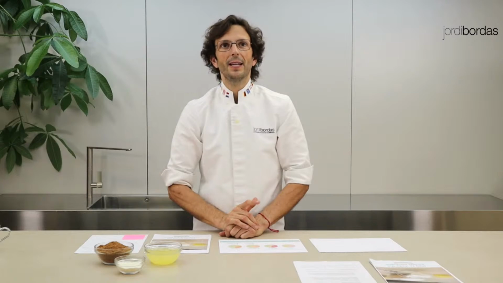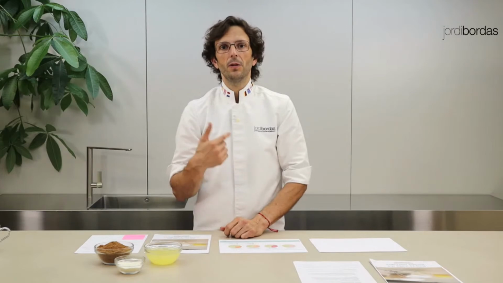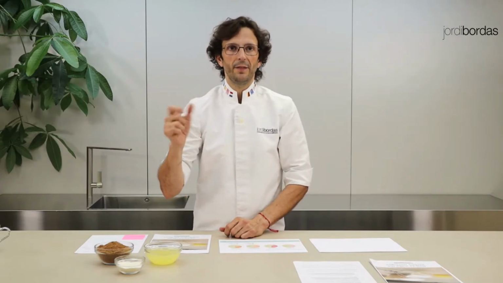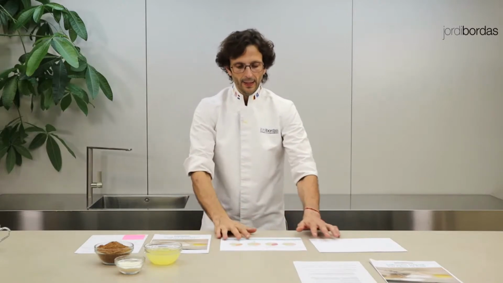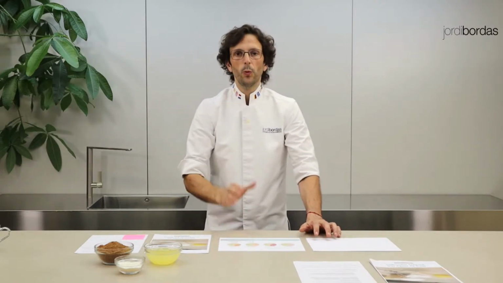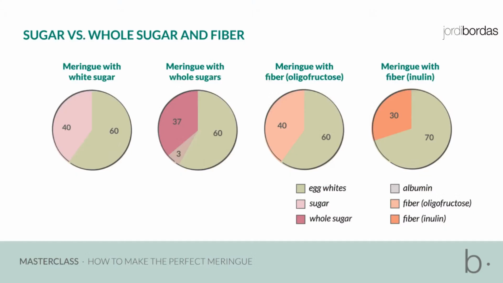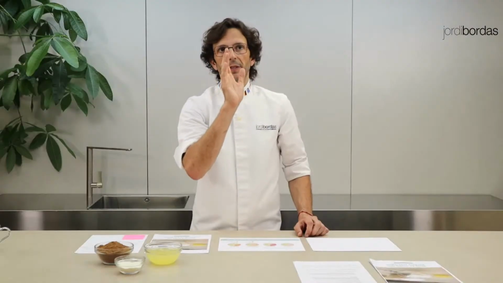No? This is something maybe you are going to ask me: why some chefs say to add the sugar at different times. Let's answer this at the end. Okay, that means that when we work with meringues with whole sugars, if you want, you can ask me what kinds of whole sugars you can use in your pastry, and I'm going to try to answer whether this is going to work or not, okay?